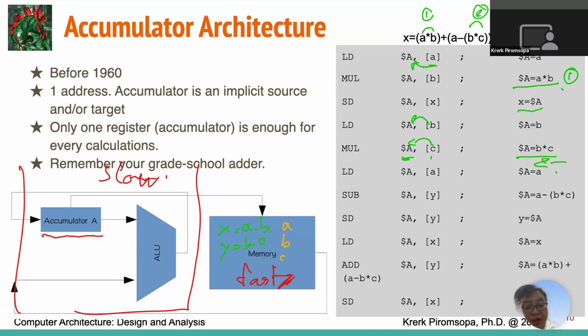Then you load A and subtract B times C from it.